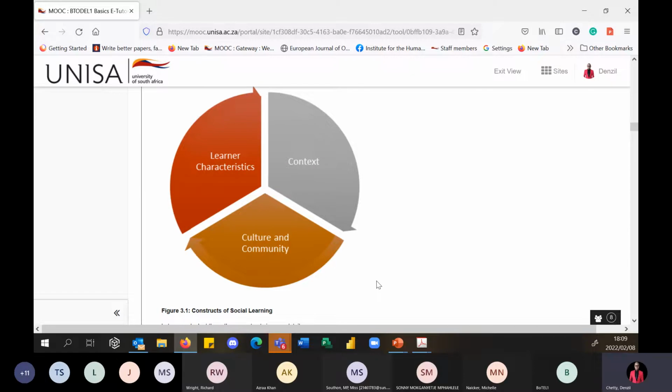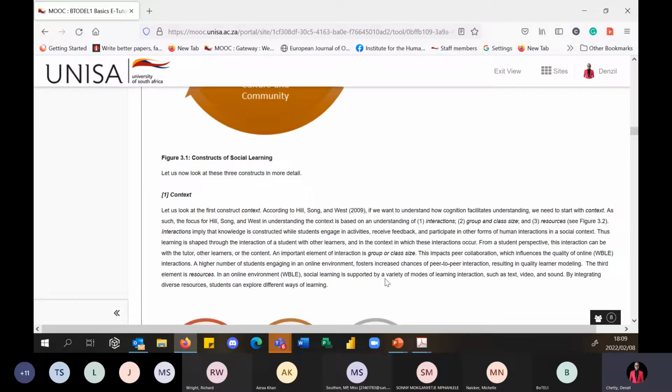Now, when we talk about context, we need to understand it from the following: interactions, group and class size, and resources. Interactions imply that knowledge is constructed while students engage in activities. This is why the idea of designing activities and discussion forums is so critical, because when students interact on those forums, they start constructing their knowledge and learning from their engagements.